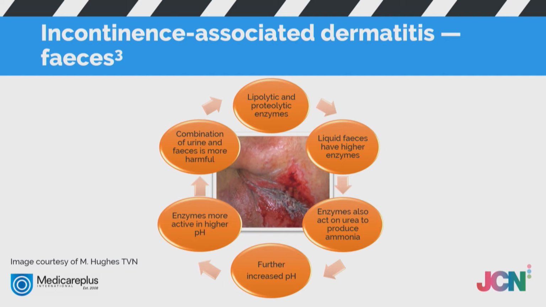The enzymes then become more active in a higher pH environment. So it's cyclical. It's a problematic cycle of events that needs to be eradicated. The combination of urine and feces is therefore more harmful, and we can see that when we're assessing risk factors for the individual patient.